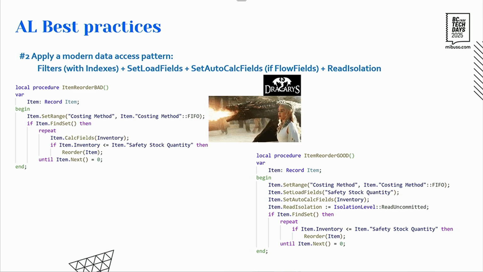Okay, so this is worse, this is good. Yeah, exactly. As you can see, this one is far better than how it was in the past, and if you're still in C/AL, move to AL, that we have good practices like the one that is shown in here.